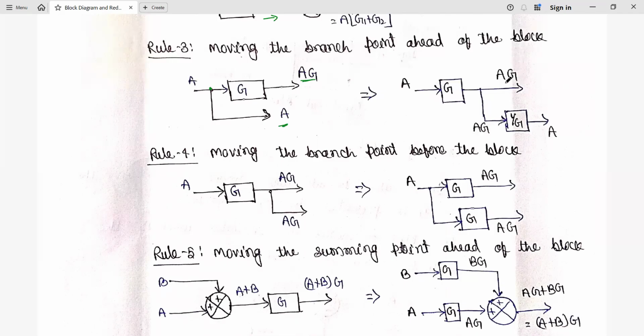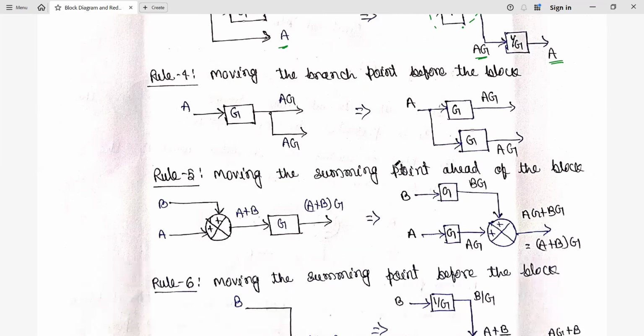Similarly, when we change the branch point from this location to this one, a new transfer function 1 by G is inserted in the other path. So finally the output is AG, and AG is multiplied by 1 by G, so we get A here. It remains the same. So when the branch point is shifted ahead, a new transfer function, that is 1 upon G, is inserted in that path.